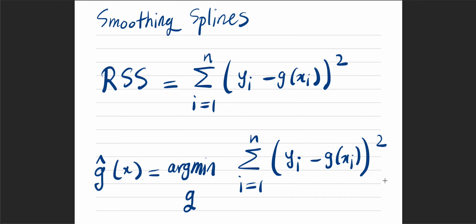Okay, so far, everything that we talked about, except for polynomial regression, specifically when it came to regression splines, something that was fundamental to what we were doing was specifying a set of knots.